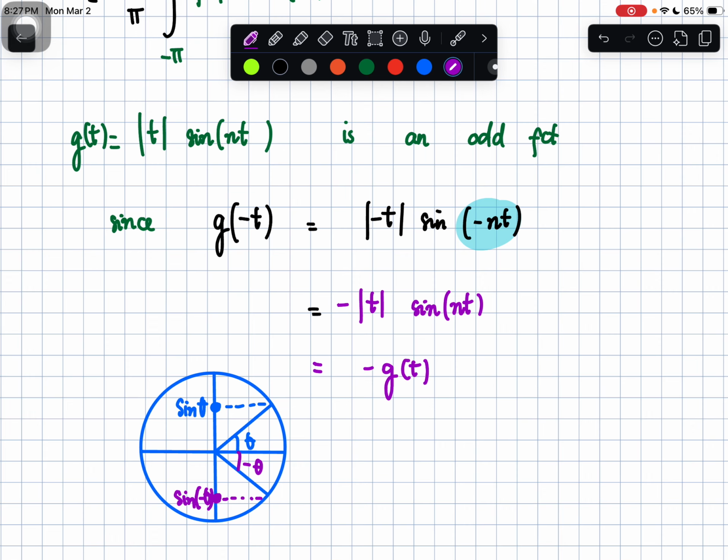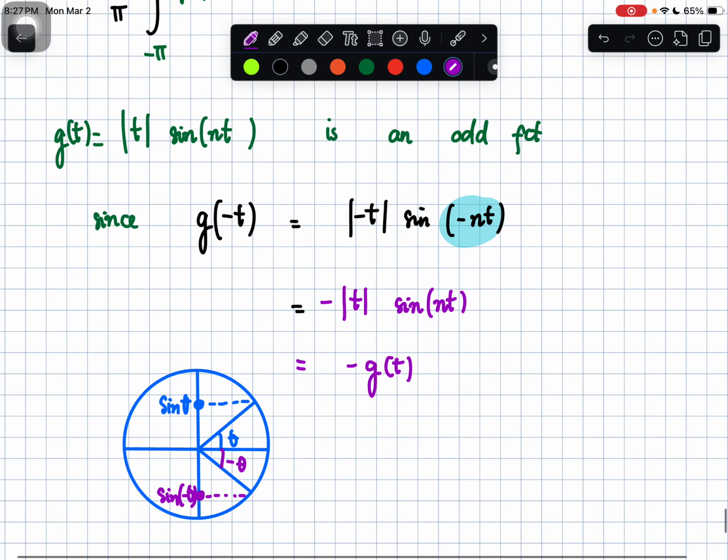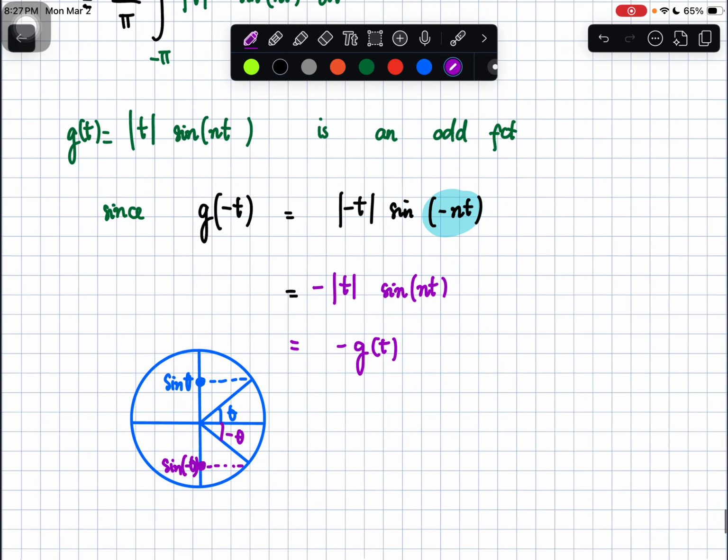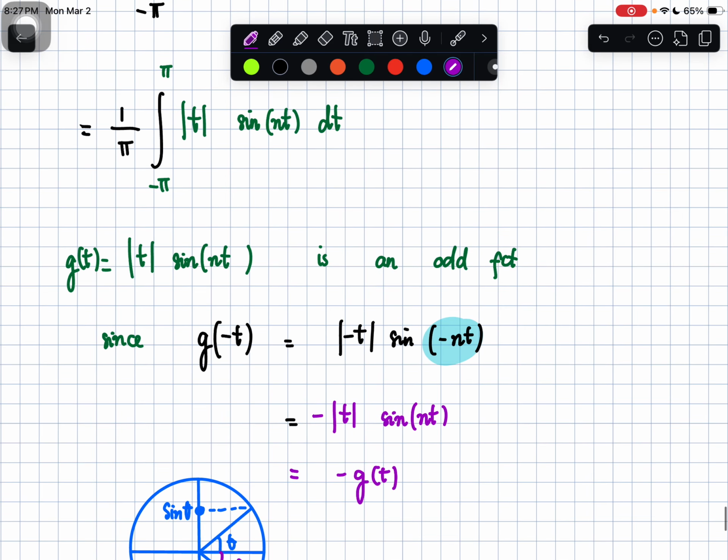So g is an odd function, and we compute that on a symmetric interval, the integral of an odd function.